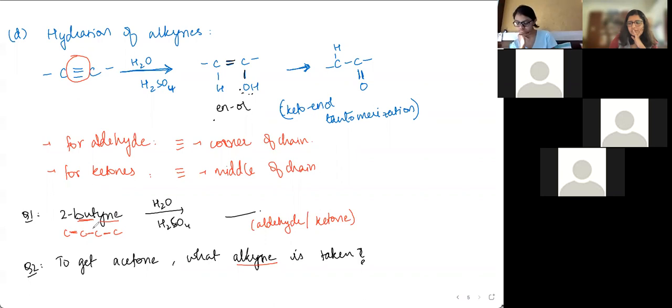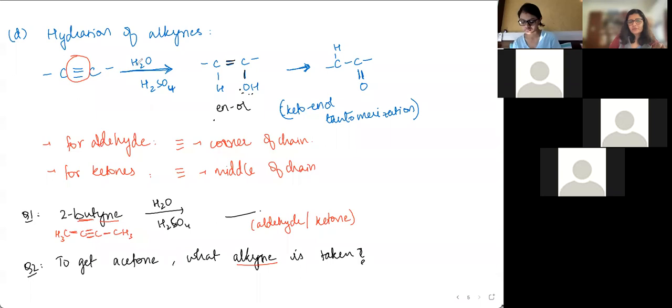And where is the triple bond, Shantanu? Where is the triple bond? Second one, it should be here. So this is our compound, our reactant.